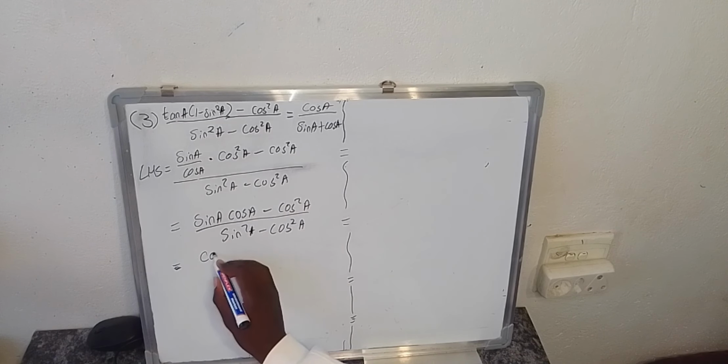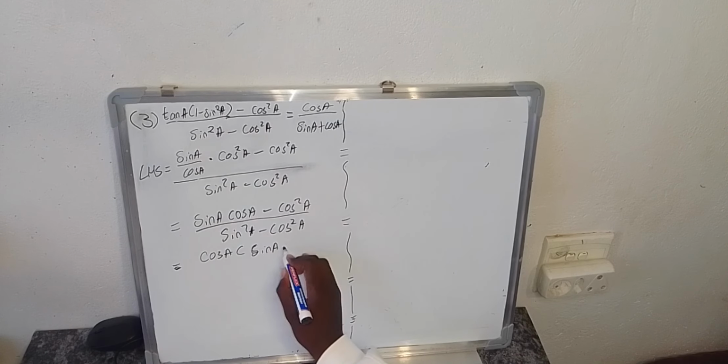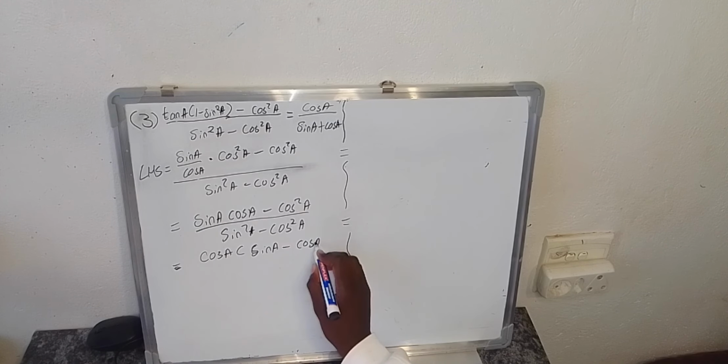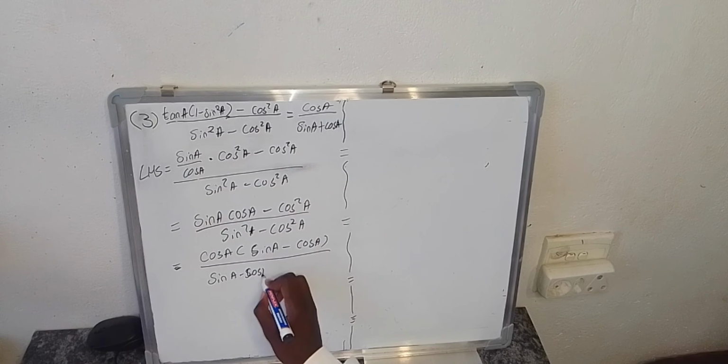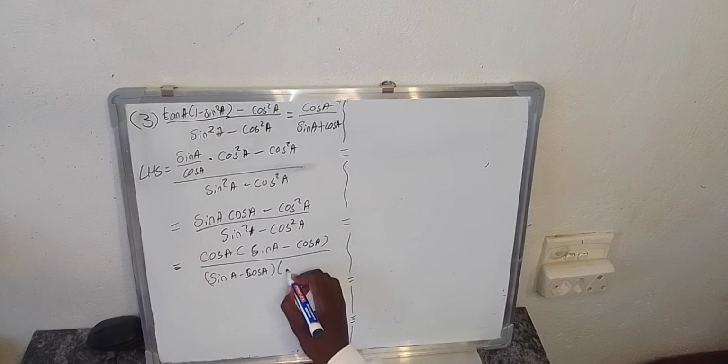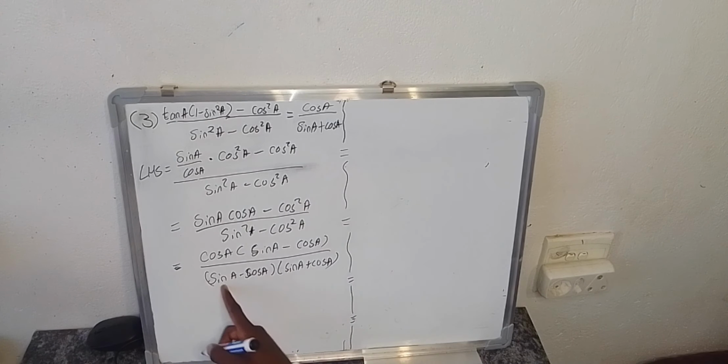So if you take out the common factor of cos a, we'll be left with this, sine a minus cos a, all divided by, at the denominator side we have the difference of 2 squares. So if you factorize this, we'll be left with sine a minus cos a multiplied by sine a plus cos a. This is a difference of 2 squares, and when we factorize it, we will be left with something like this.